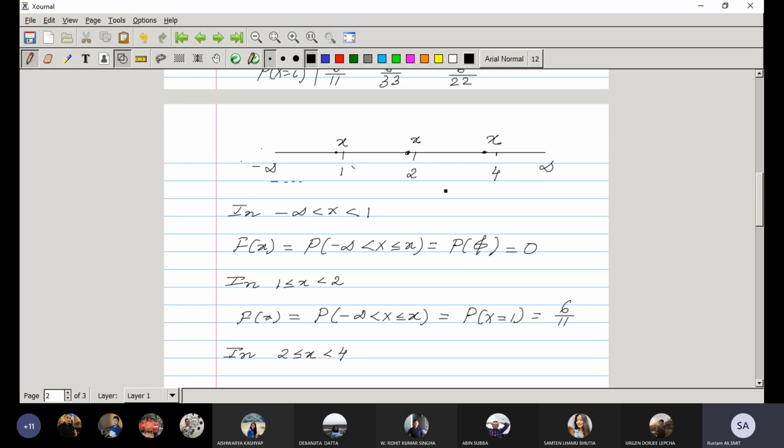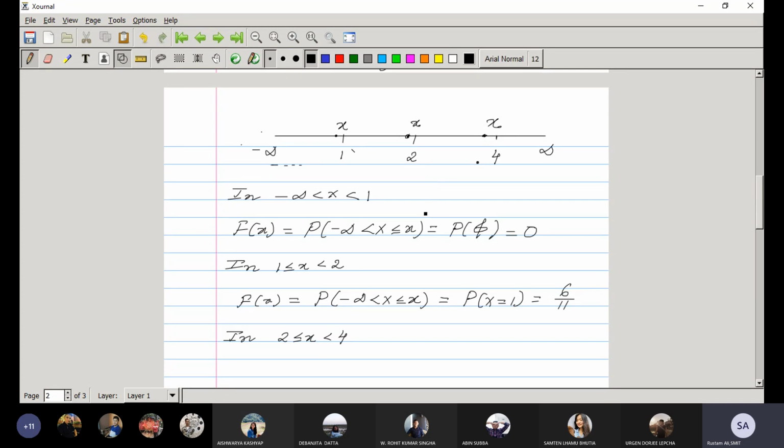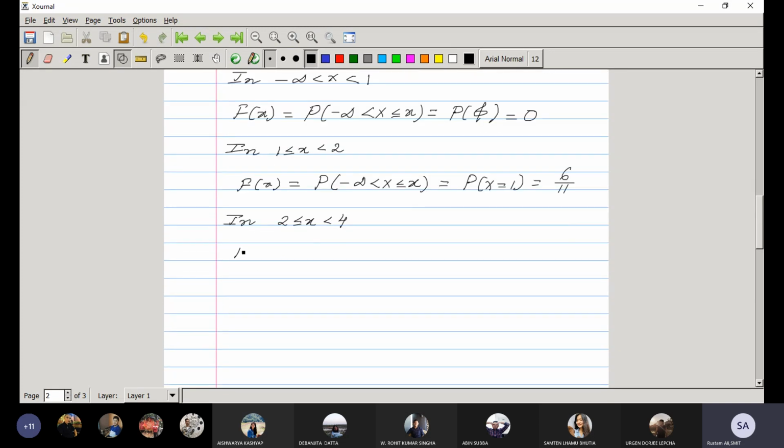Again, the distribution function will search from the extreme left, so it will collect the probabilities starting from minus infinity up to your position. So capital Fx, by the formula, is probability minus infinity less than X less than or equal to x, so it will get the probability located at the point x equal to 1 and x equal to 2. So that becomes 6 by 11 plus 6 by 33.